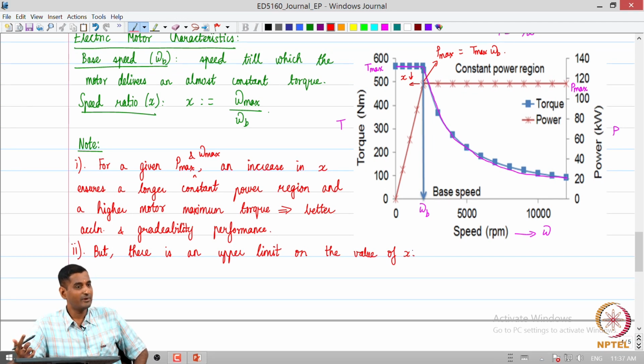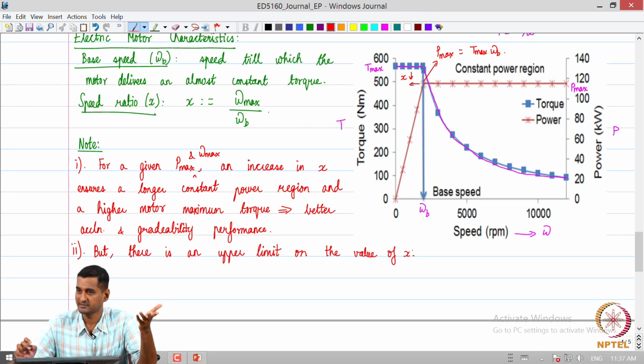So, there may be only one gear ratio or sometimes there may be two gear ratios. So, the choice of the number of gear ratios is also decided by the corresponding motor's torque speed characteristics vis-a-vis the requirements from the vehicle performance perspective.